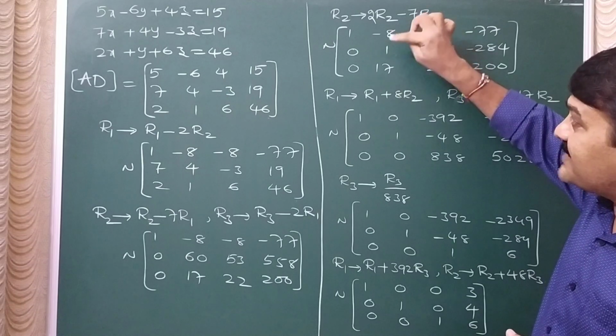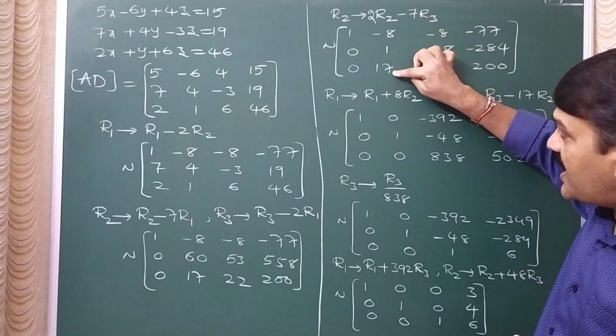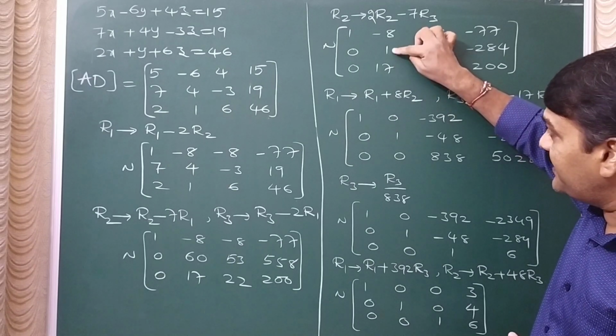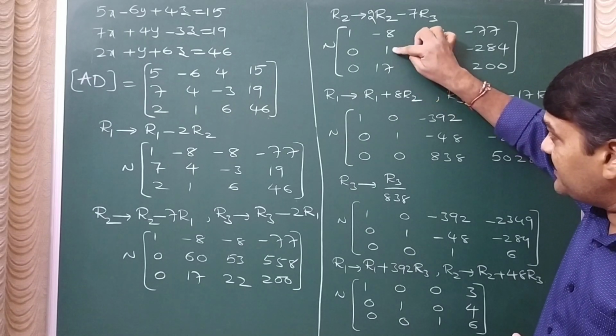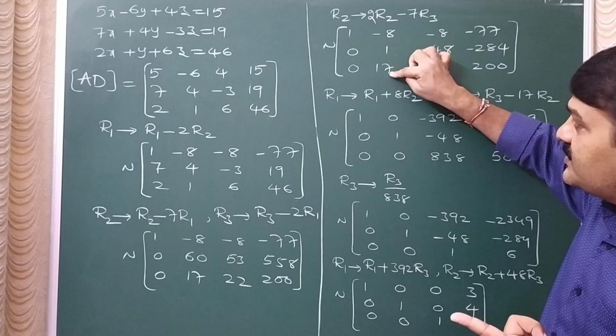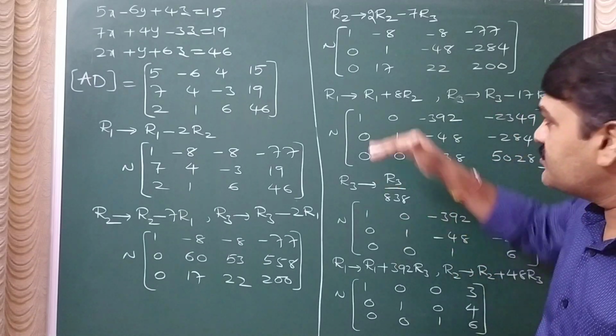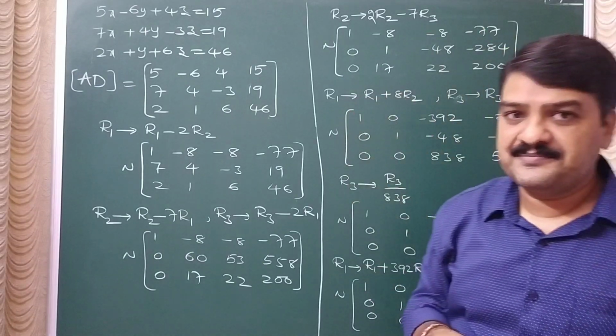So R1 plus 8 into R2: minus 8 plus 8 gives 0. Then R3 minus 17 into R2. If you multiply this by 17 and subtract from R3, you will get 0 only. So R3 minus 17 into R2. These are the steps we have to do next.